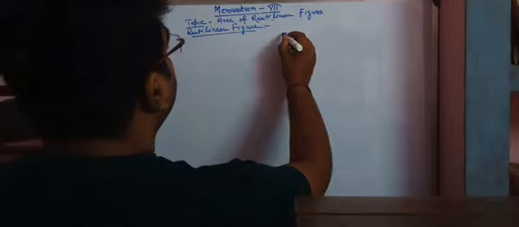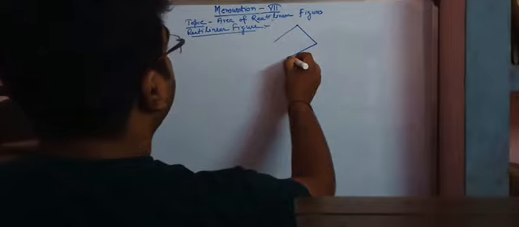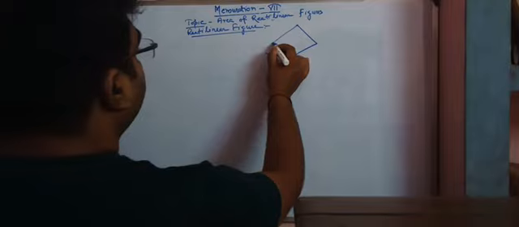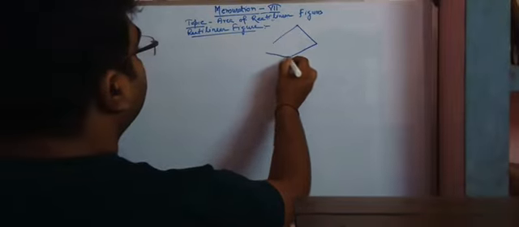Next, come to closed figure. A rectilinear figure having no free end is called a closed figure. If we first take a rectilinear figure like this, four sides are there.